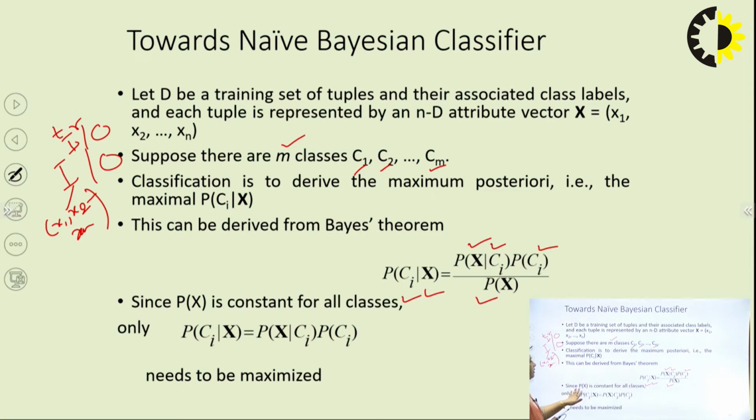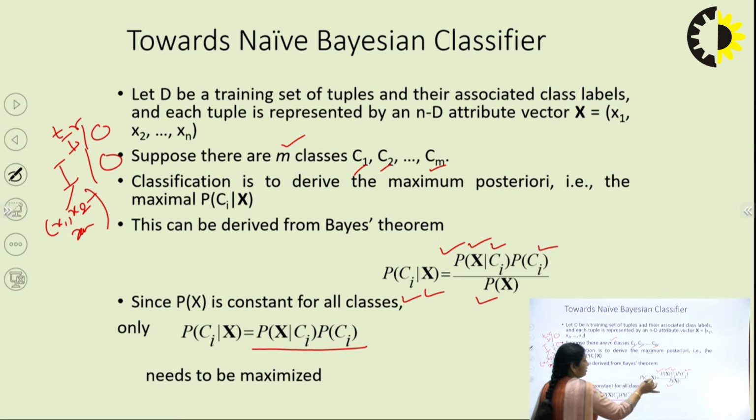Now, since P(X) is constant for all classes, we can exclude it when we are making the calculation. So actually what we need to do is find this value, that is, the numerator here. And we need the maximum numerator, because every numerator will be divided by the same evidence probability.